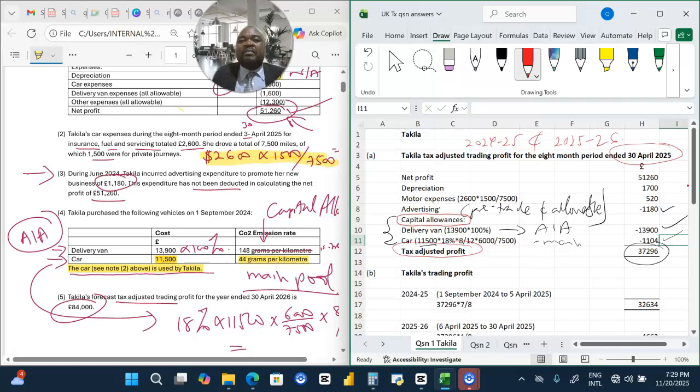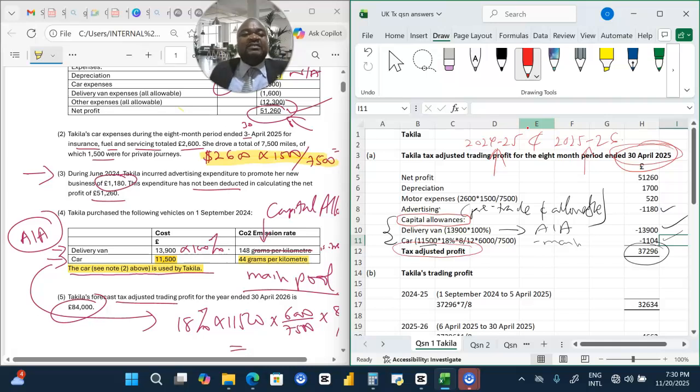So when the accounting year ends on 30 April 2025, it means the first 7 months up to 31 March were from the 2024-2025 year. And then the current April was for the 2025-2026 year.